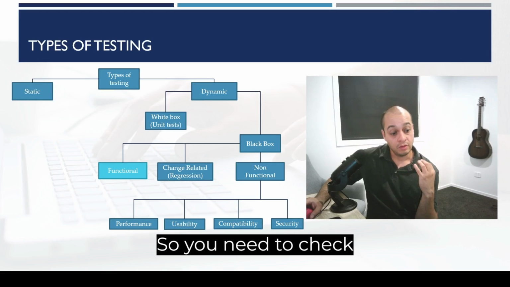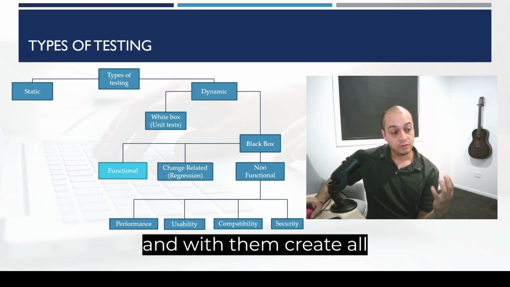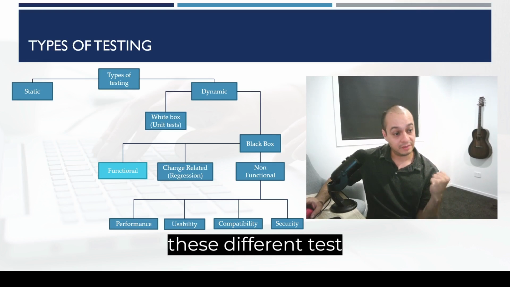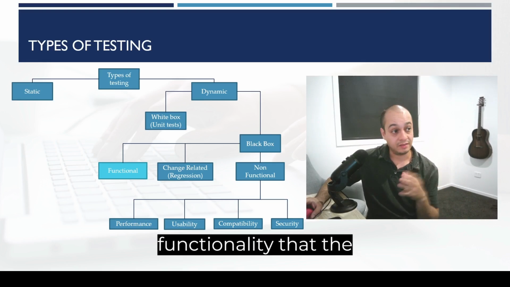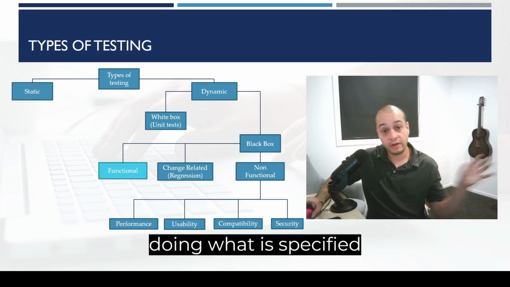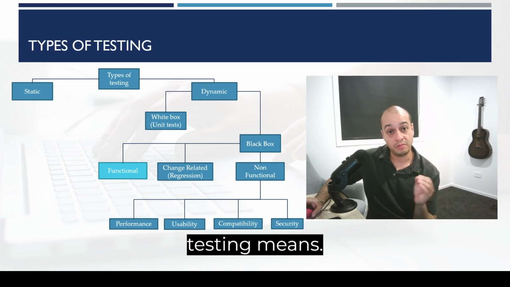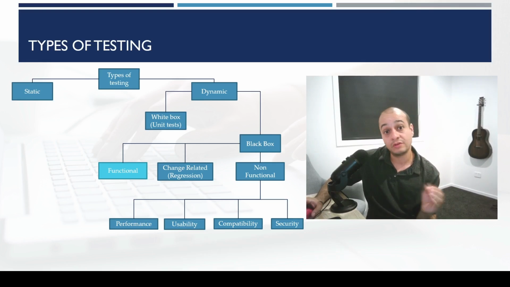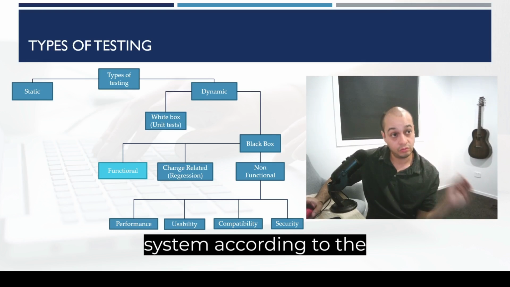You need to check the requirements well, and with them create all these different test scenarios or test cases to check that this functionality that the developers are giving you, this black box system, is doing what is specified in that document. That's it. That's what functional testing means. So you are testing the functionality of the system according to the requirements.